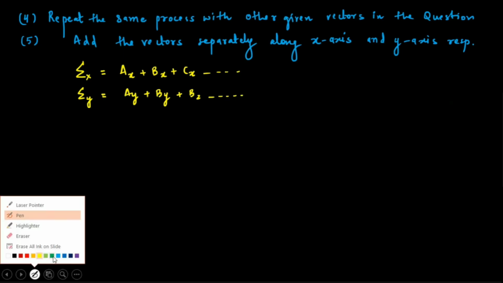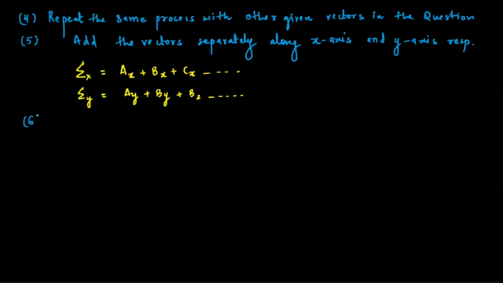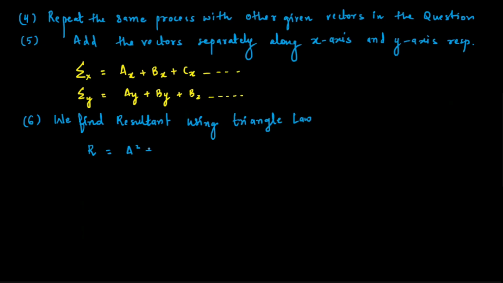Once we have the values of summation along x and summation along y, or you can say net vectors along x and y axis, we find the resultant using triangle law. The law which we are using in each question is something we call triangle law. So triangle law gives us the resultant, which is equals to square root of a square plus b square plus 2ab cos 90.